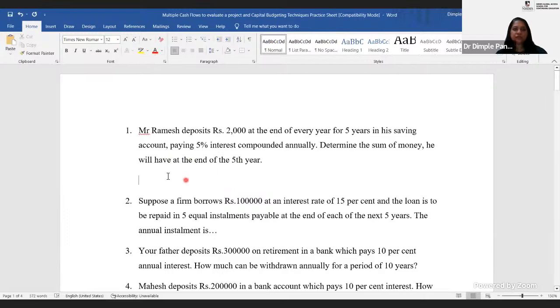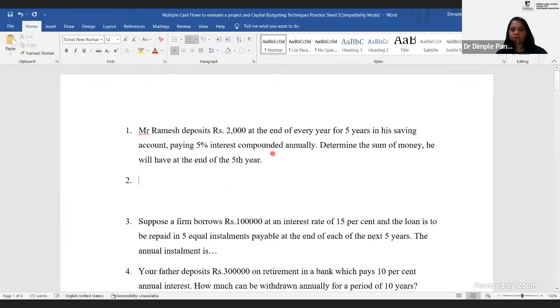Ordinary, right? Because all are done at the end of the year. Ordinary annuity it is, right? So the sum of money he will have at the end of the 5th year, so definitely I'm looking for future value. How much should I invest every year? And I use the formula 1 plus R raised to n minus 1, and the whole divided by R. Put in the values and what I can see is 11,051.